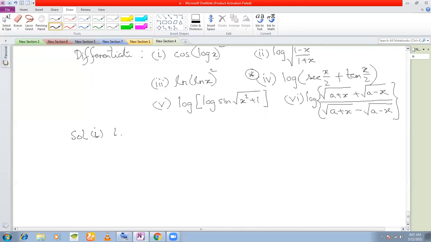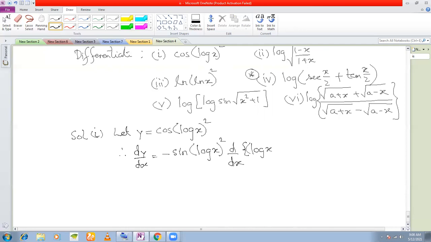First one, y is equal to cos of (log x) square. So if you want to differentiate this, first you differentiate cos to get minus sin of (log x) square into d/dx of (log x) square, right?